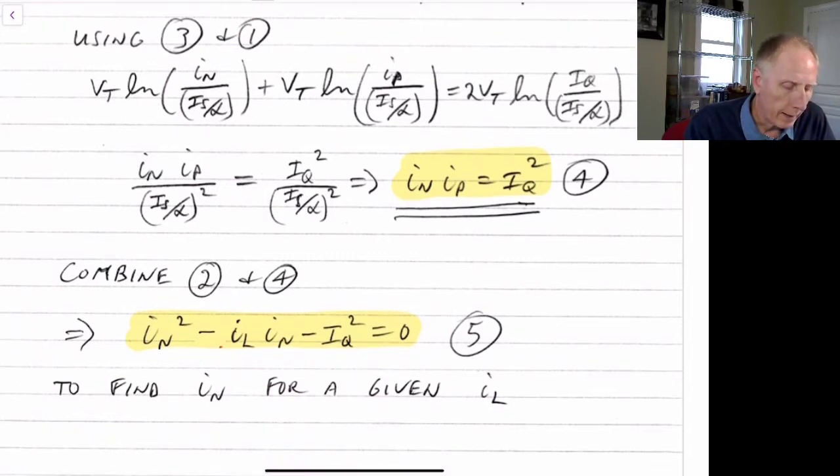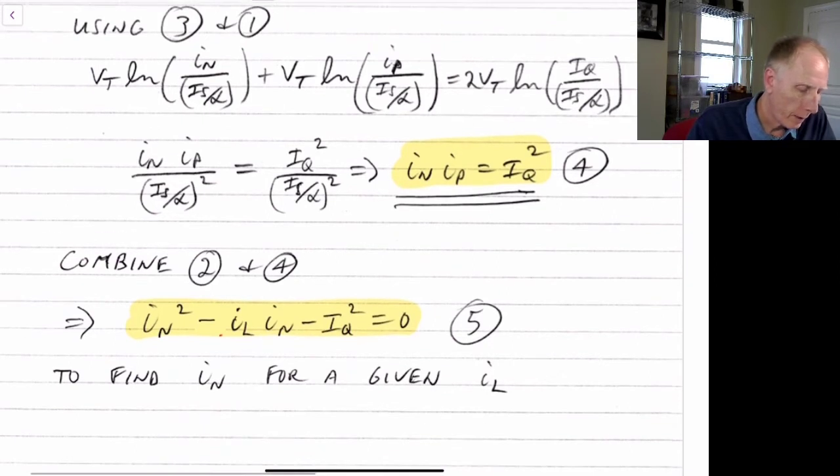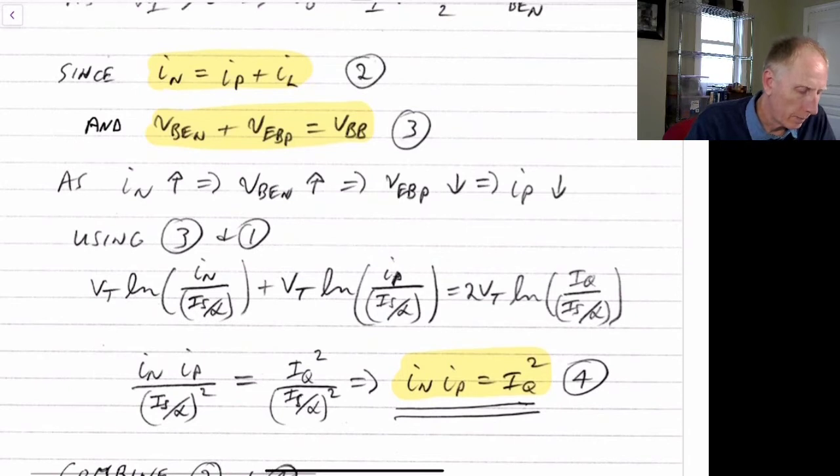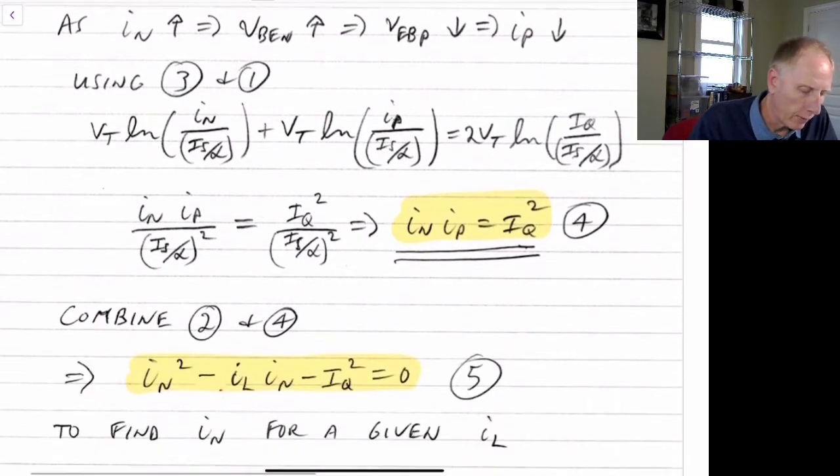So if IN goes up, IP goes down, and it's always a constant. Of course, that means if IN becomes very, very large, IP becomes very, very small, but it doesn't go all the way to 0. It just becomes IQ squared divided by IN. So we can then combine this equation here with the equation that we just found.